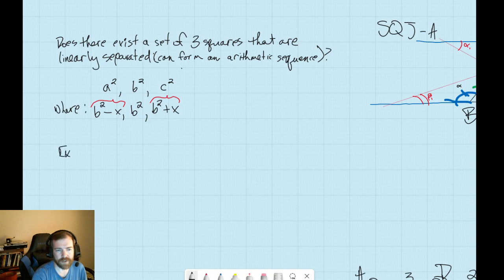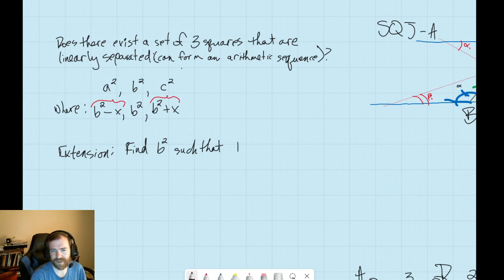Alright, and then the extension on that. Find, well, really b squared, but find b squared such that there are 4 or more such x values.